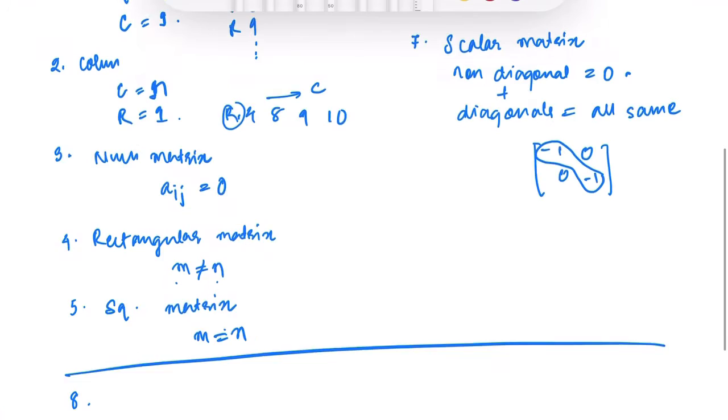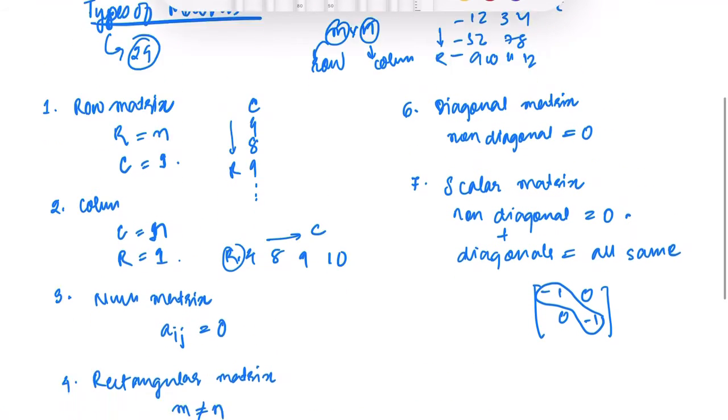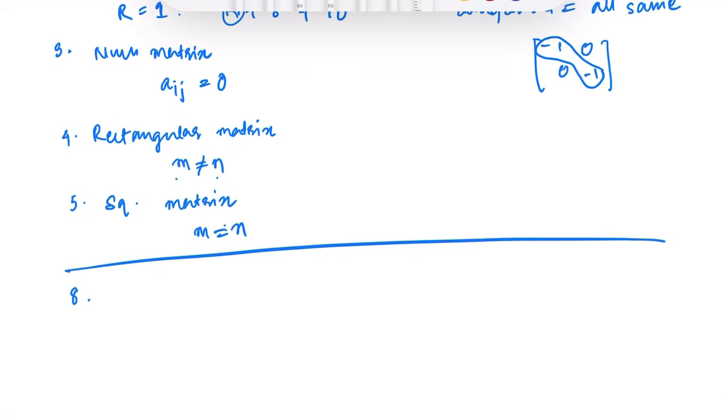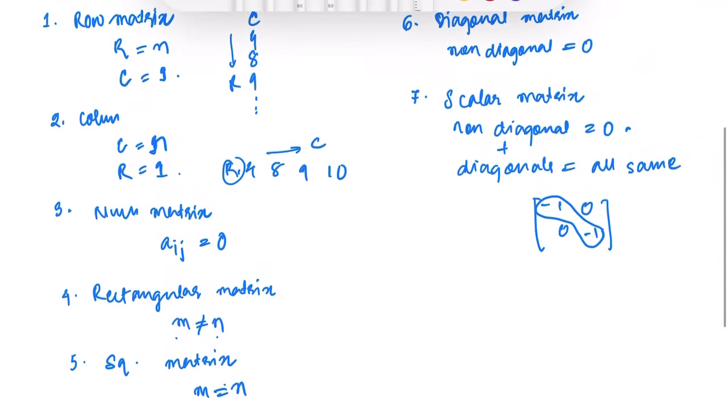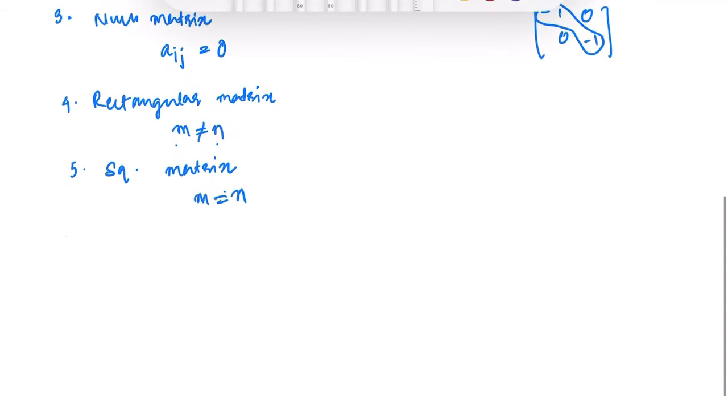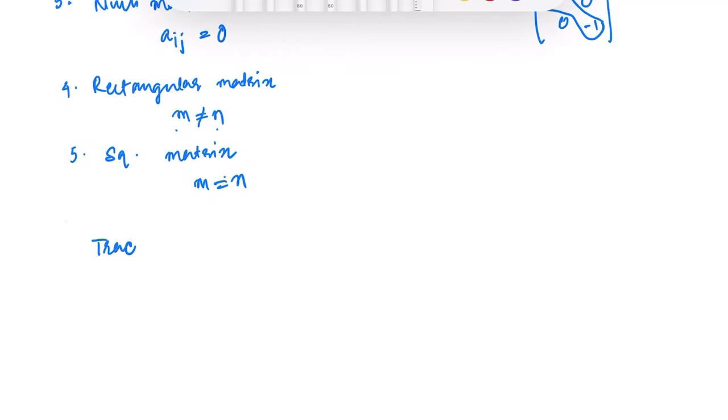I'm putting divisions like that so that it becomes easy to remember. Okay, first I'm telling you these 7. Now I'll tell you about trace. I will tell all the types, but just so that it's not difficult for us to remember, I am going to put another topic in between which is required for the other types. Okay, we have trace of matrix.